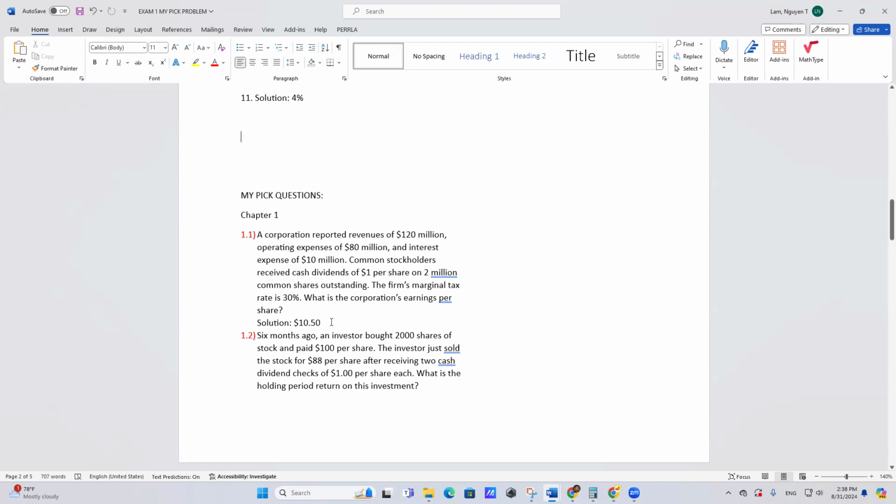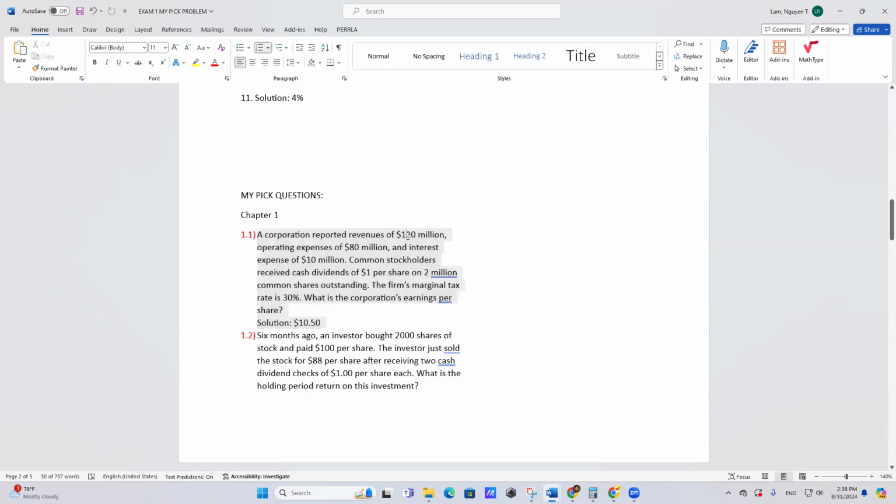Other things is she's gonna ask you to find what is corporate earning per share. What is earning per share, right? I would say it is earnings divided by the number of total shares, which will lead to the solution. Just look at this question and see if you can do it. If not, I remember there's a section.